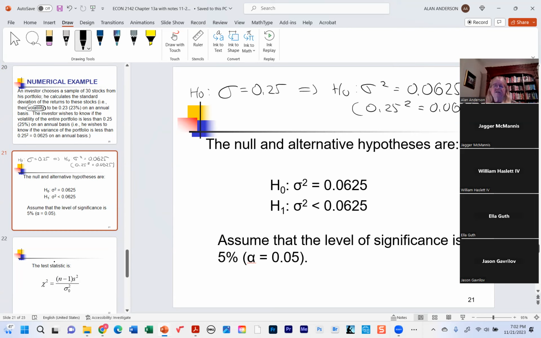Now, it's a left-tail test. The investor is looking for evidence that the standard deviation is less than 25%. We have to assume here that if that's the case, he's planning on selling some of his safer stocks.